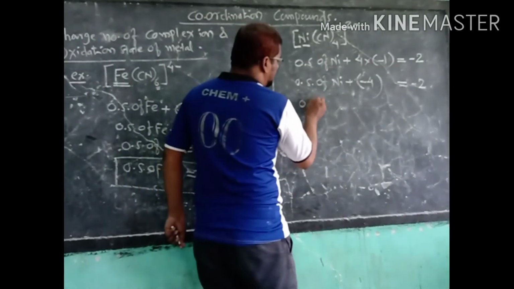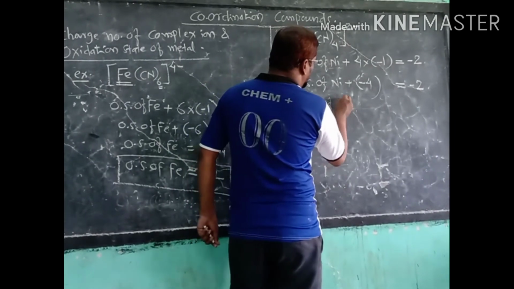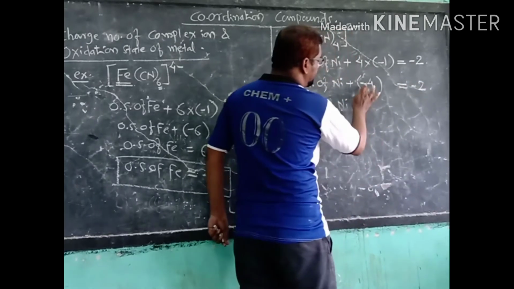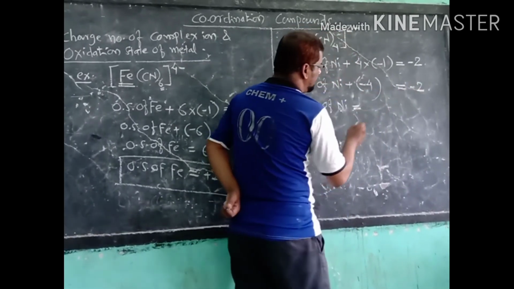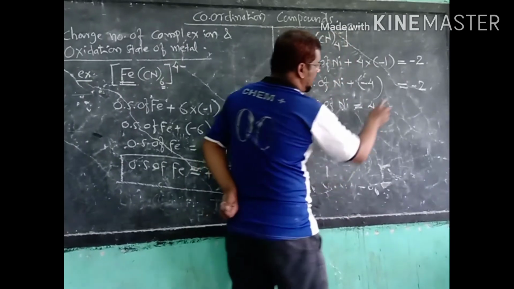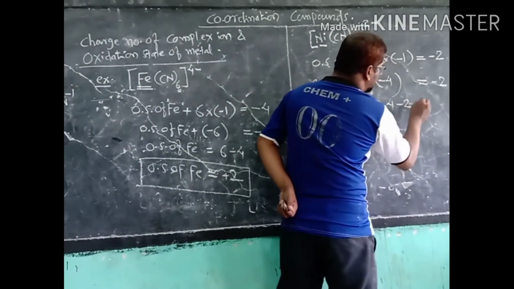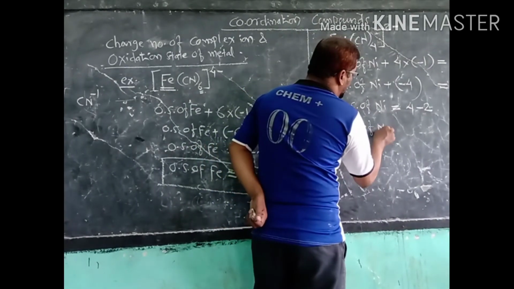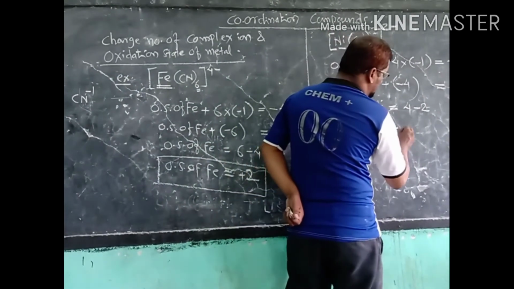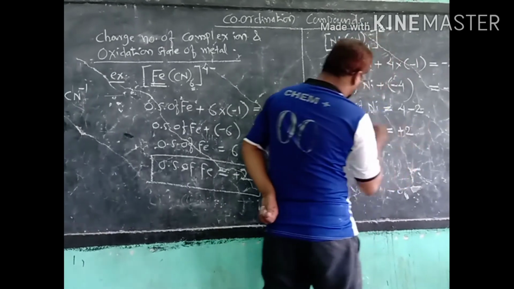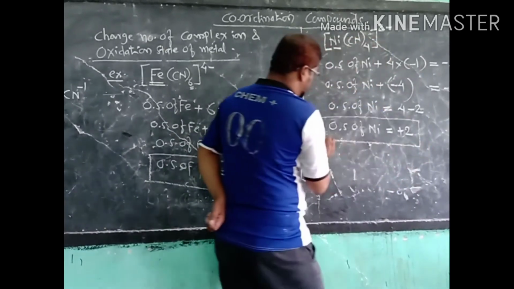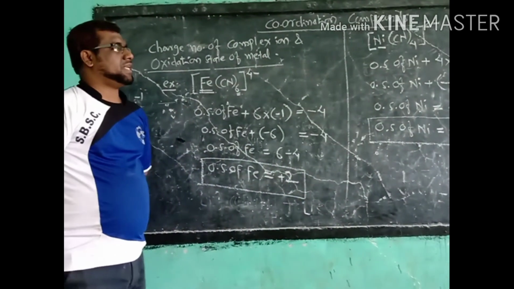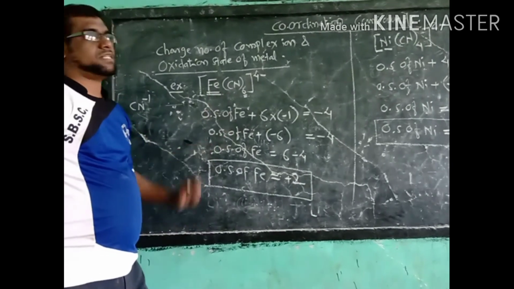Now the oxidation state of Ni is equal to, after shifting, the minus 4 converts to plus 4, and minus 2 remains as it is. So the oxidation state of Ni is plus 2. In this way we can calculate the oxidation state of a central metal ion in a complex compound.